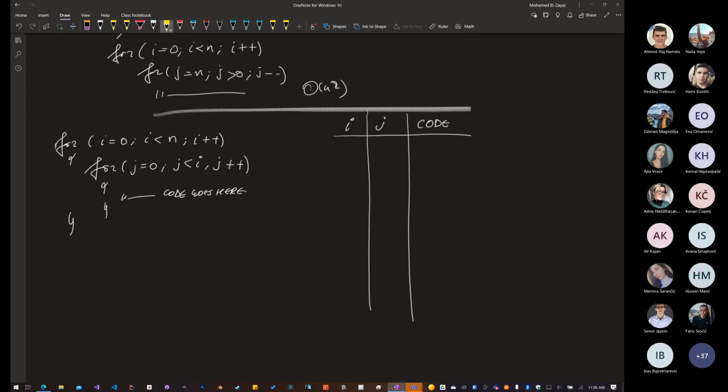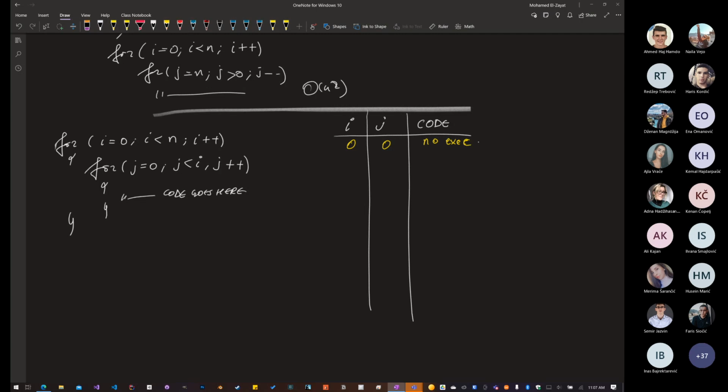At the very beginning, I is going to equal 0, and then we go down. J is going to equal 0. Is J less than I? Nope. So there is going to be no execution.